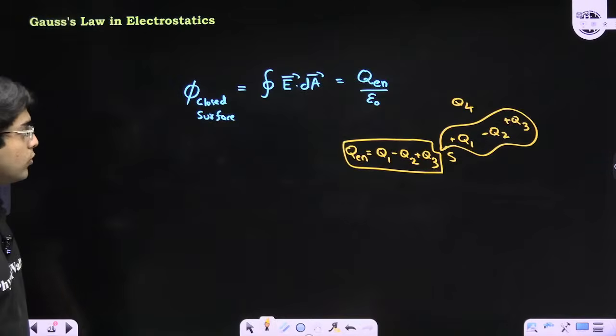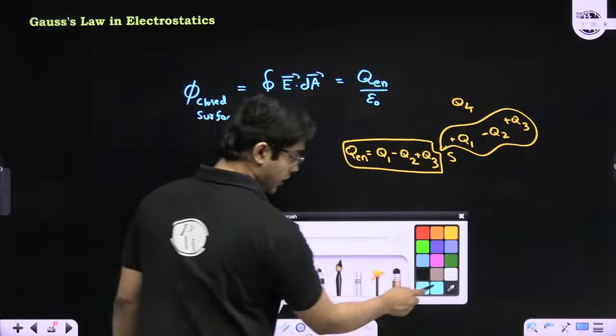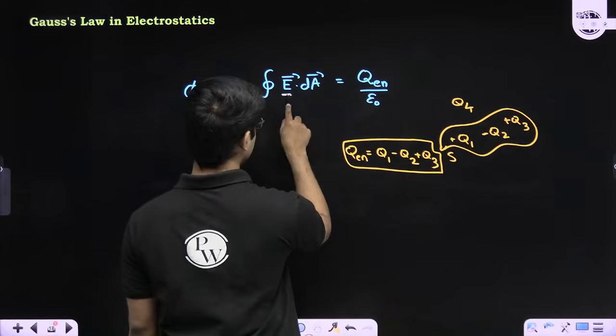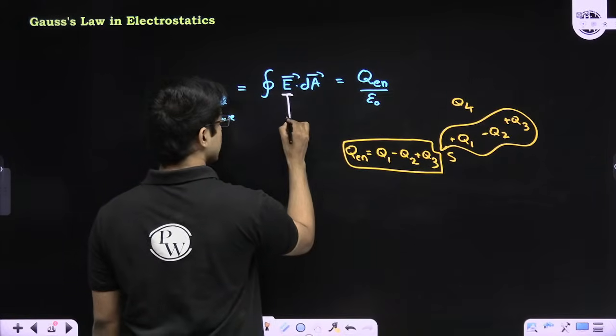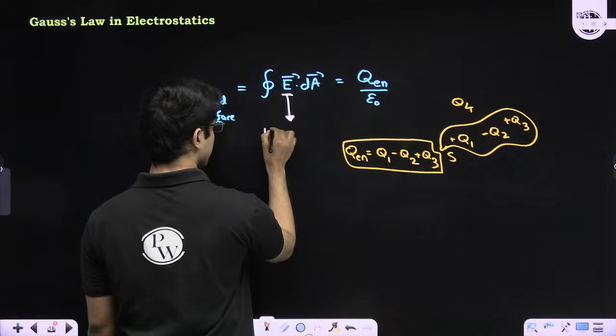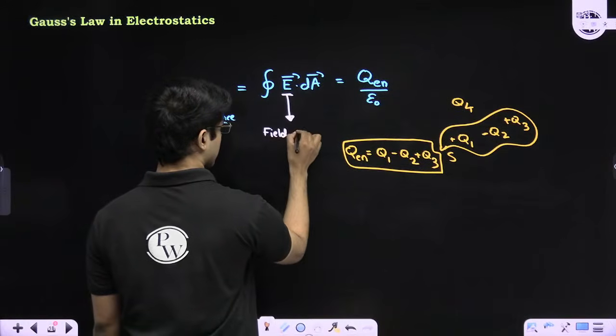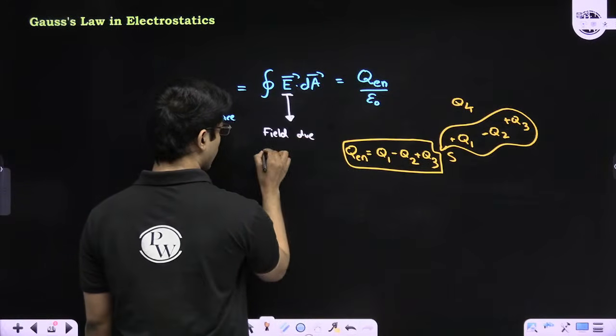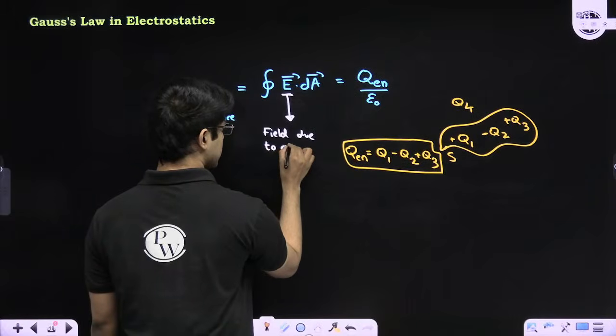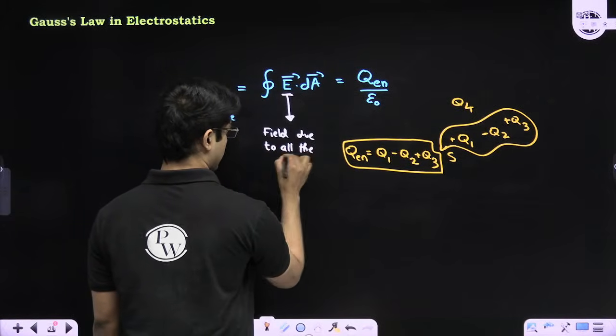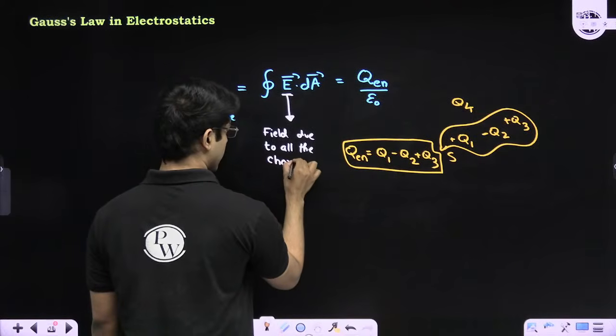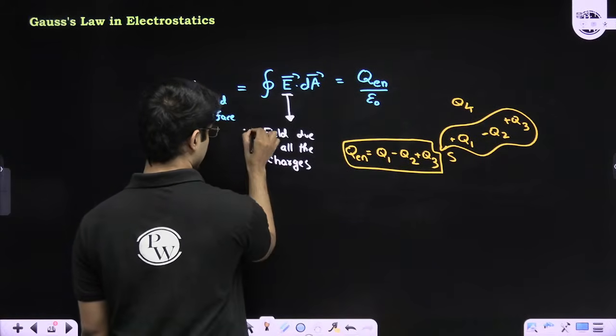So basically, if we are talking about the electric field here, this E vector is the field due to all the charges, all charges present inside and outside. This can be asked in your board exams or mains.